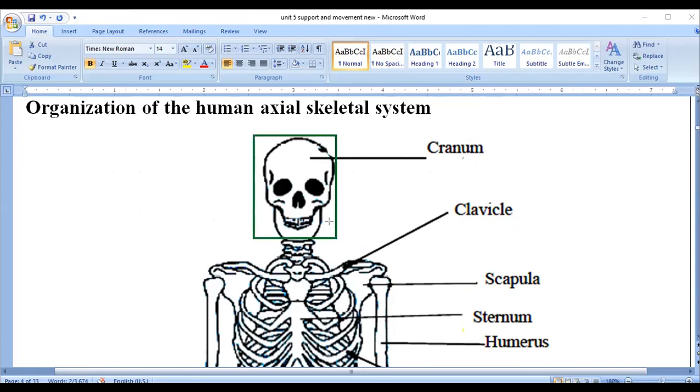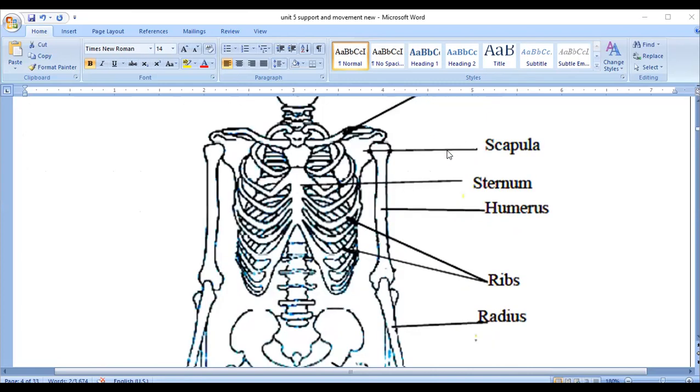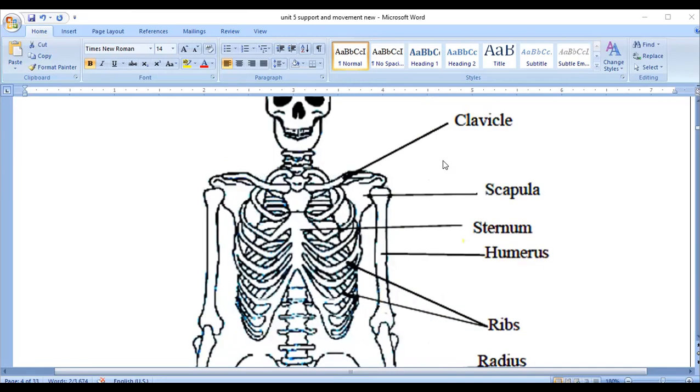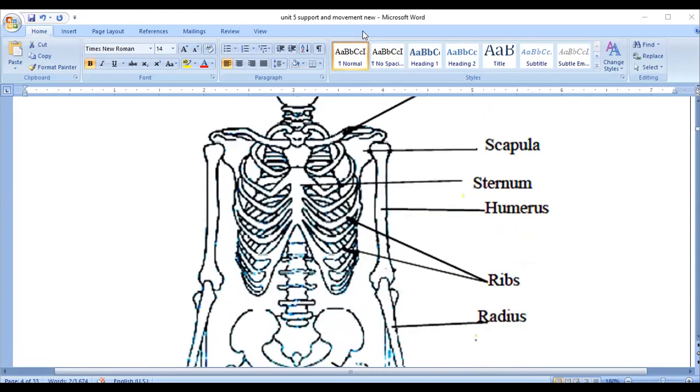The skull comes under axial skeleton, and the vertebral column also comes under axial skeleton. The chest bone in the center of our chest, called the sternum, comes under axial skeleton, and the ribs also come under axial skeleton. Only these four components come under axial skeleton.